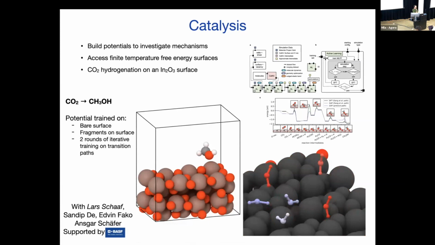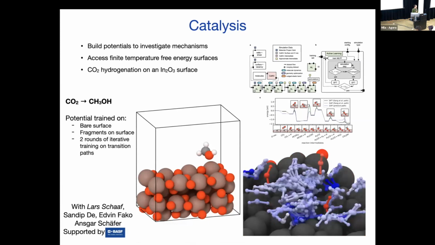In fact, we can do thousands of optimizations and study the whole distribution. And you find that in fact, there are many, many more different sites which are quite similar in energy. And in order to study the reaction properly, we need to study all of these adsorption sites and try and make the reaction happen from all of these.